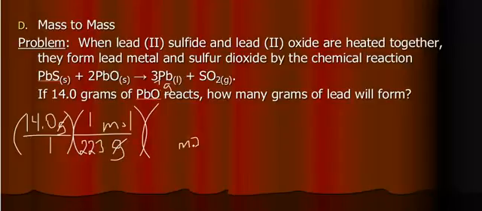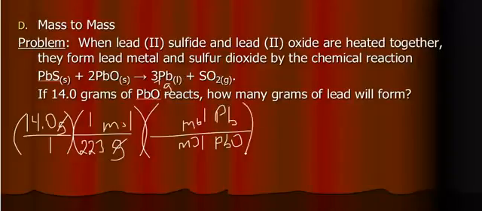I'm in moles of lead oxide, but I want to switch substances. I want to go back to lead. Again, the mole-to-mole ratio, that's where you use your coefficients. There's 3 moles of lead for every 2 moles of lead oxide. Now I'm in moles of lead, but I want grams.